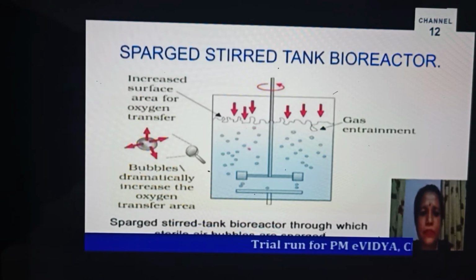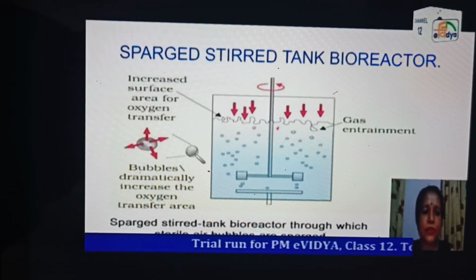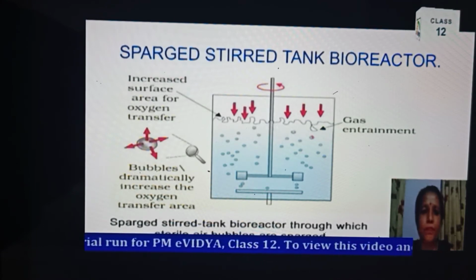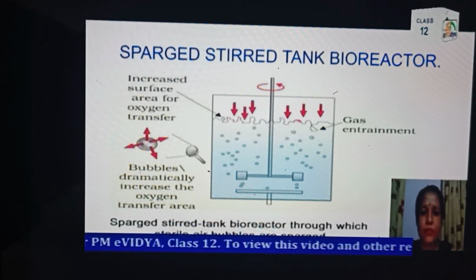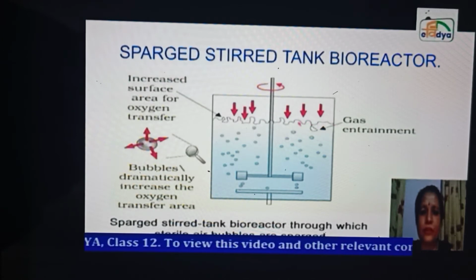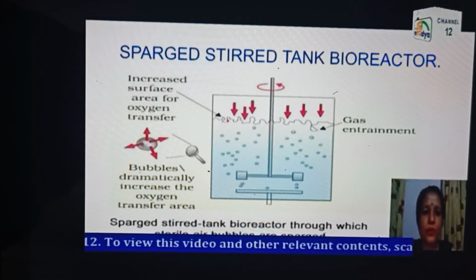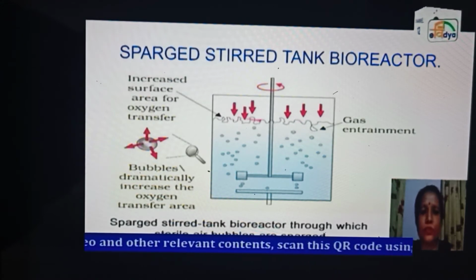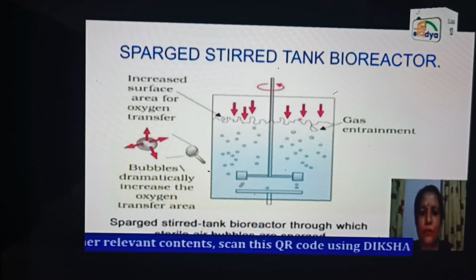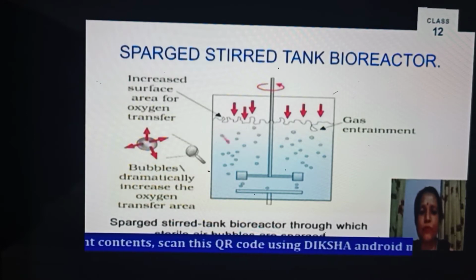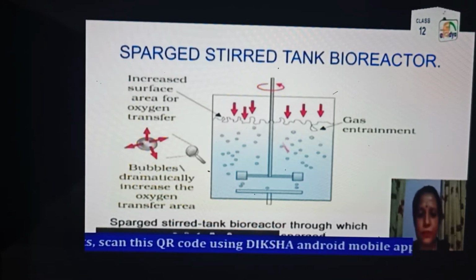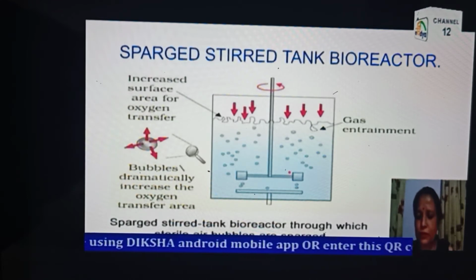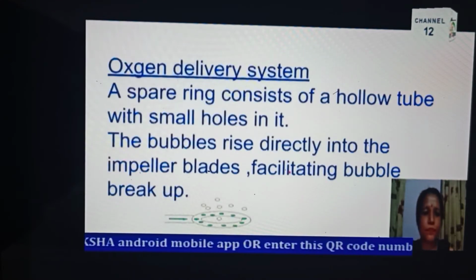These bubbles dramatically increase the oxygen transfer area inside the bioreactor. You can see here the surface area of the bioreactor is increased. So increased surface area for oxygen transfer, and more oxygen is available for the microorganisms. So this is a sparged stirred tank bioreactor.